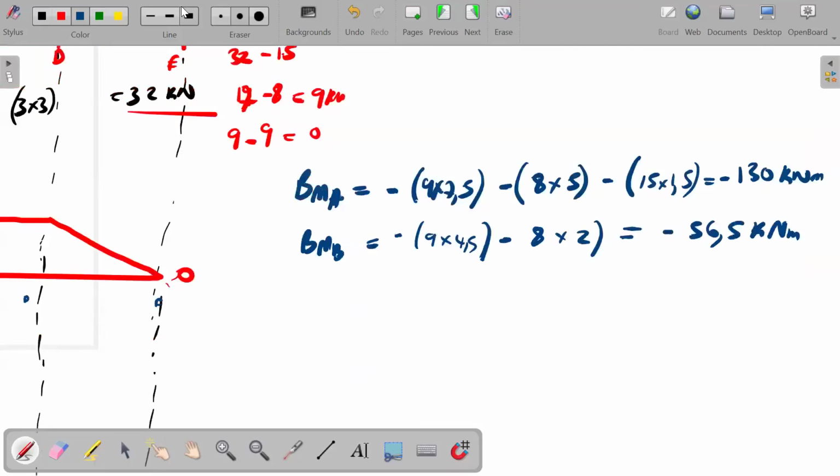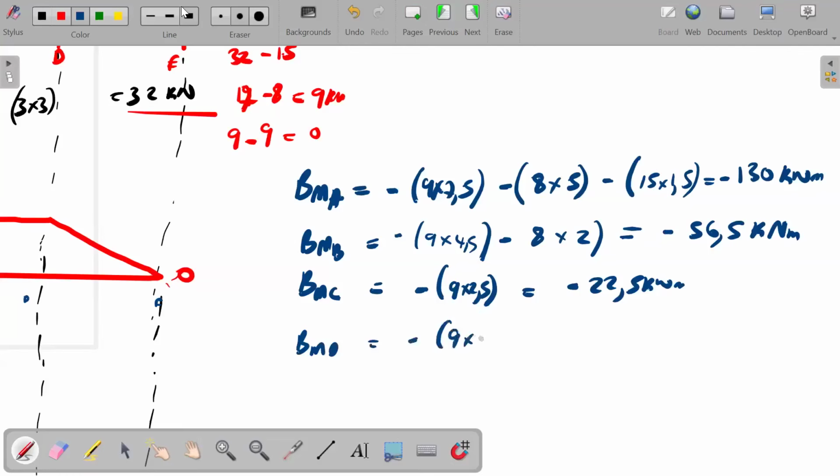Okay. Then let's go to the bending moments at C. Repeating ourselves, it's 9 multiplied by 2.5, which is going to give us negative 32.5 kilonewton meters. And then bending moments at D, that's also negative 9 times 1.5, and that in turn gives us negative 13.5 kilonewton meters.